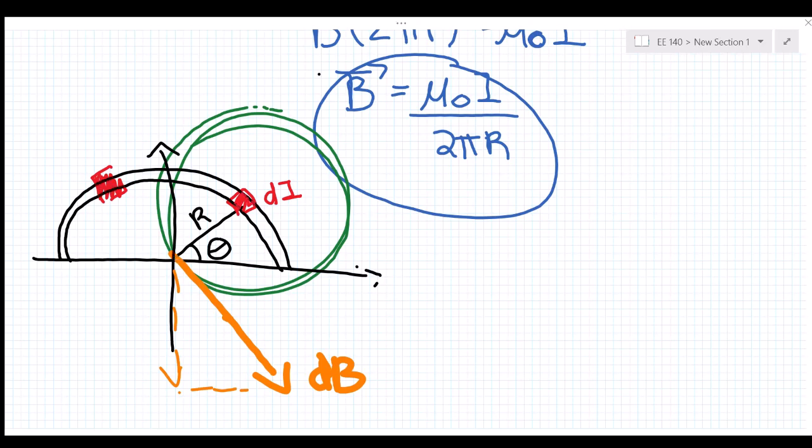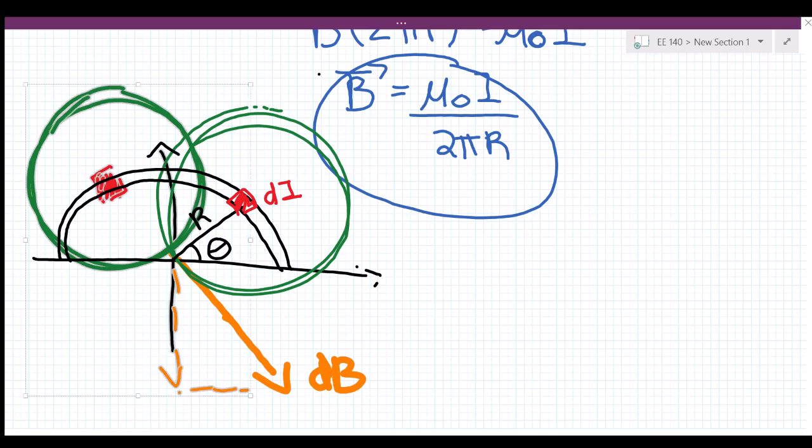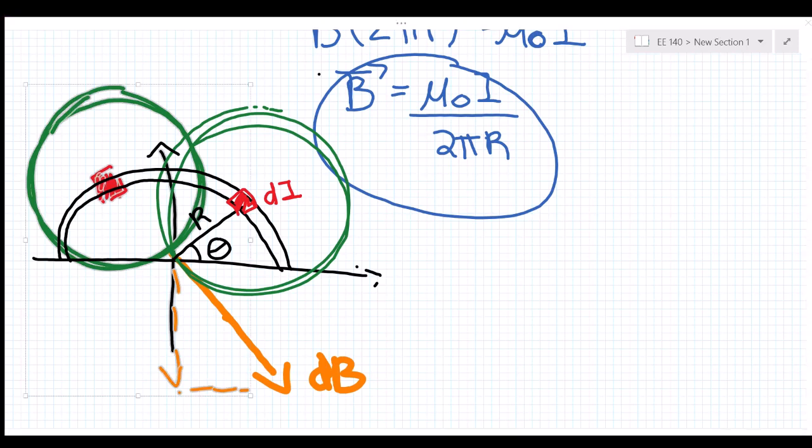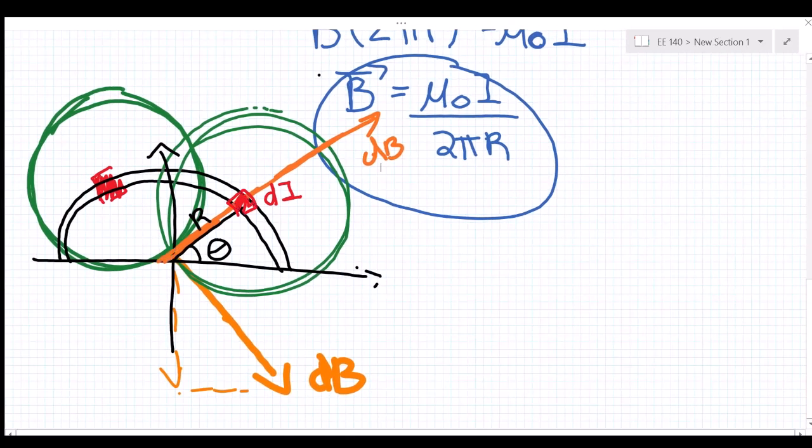Now the magnetic field actually only adds in one direction and cancels out in the other. If we choose an element on the other side, it would also be generating a magnetic field, and the magnetic field will be tangent to the circle. We're trying to find the magnetic field at the origin, so here it will be going in this direction.